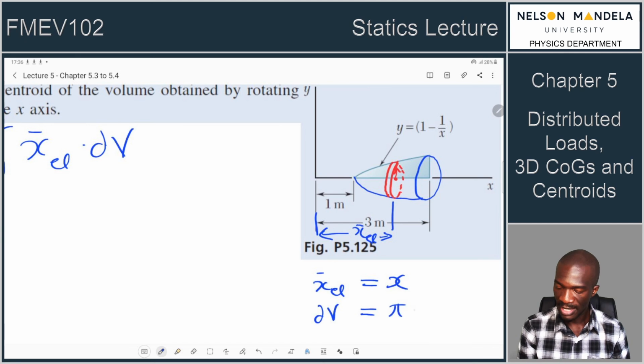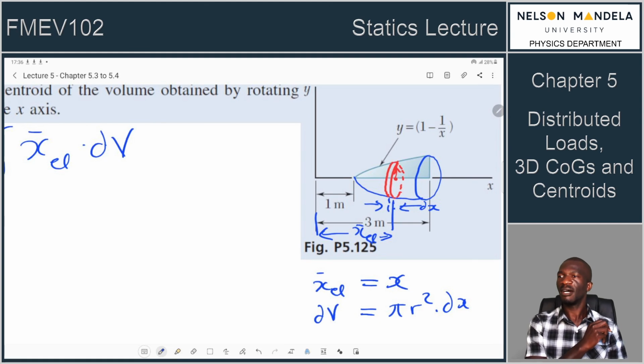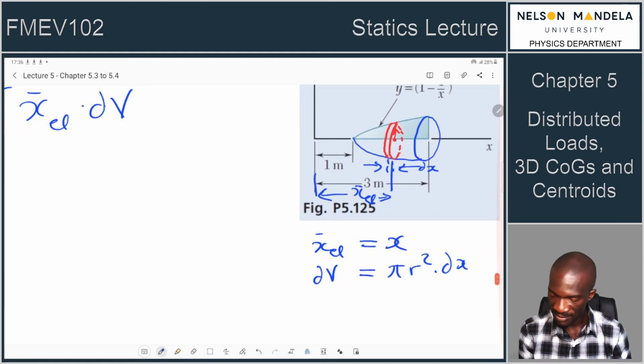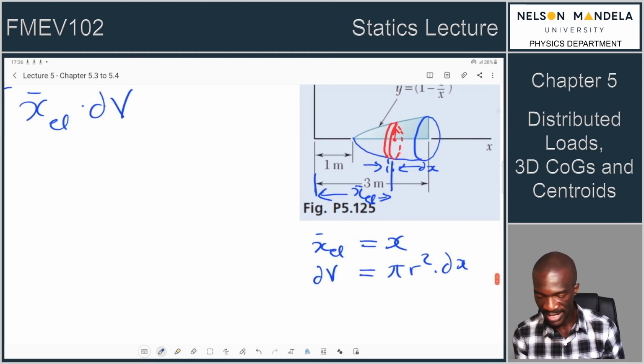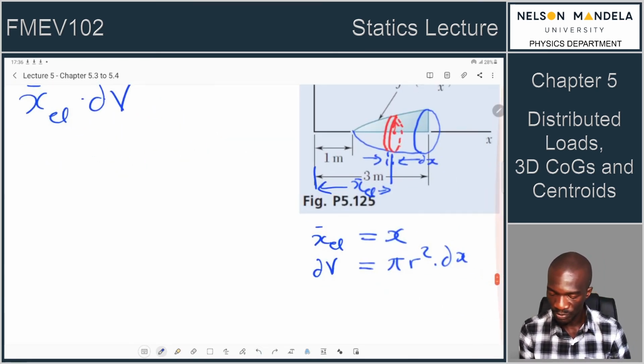So that would be pi times the radius squared times the thickness dx, because it is dx thick. That's dx for this volume element. So this means we now have all we need, because as far as the left-hand side, to get our volume, we can just integrate our dV to get the volume.